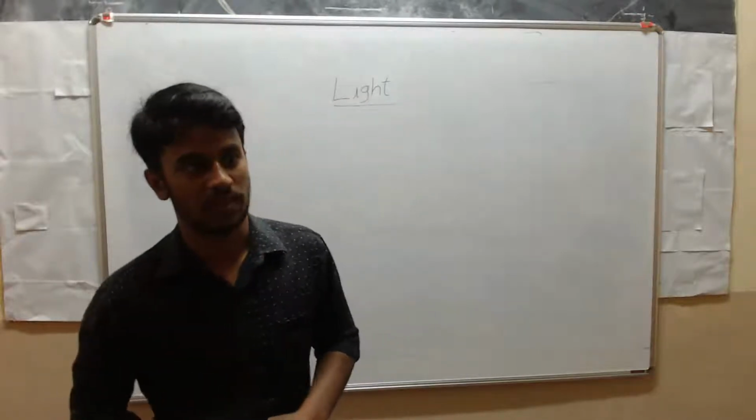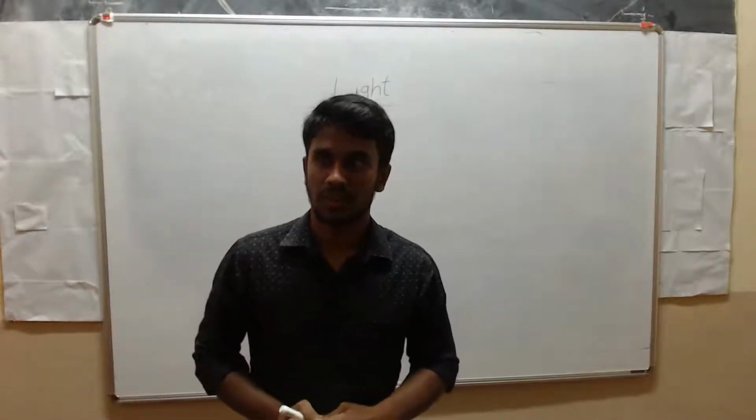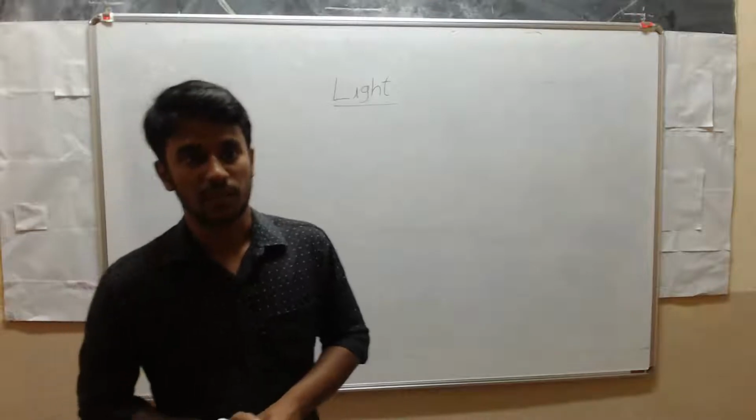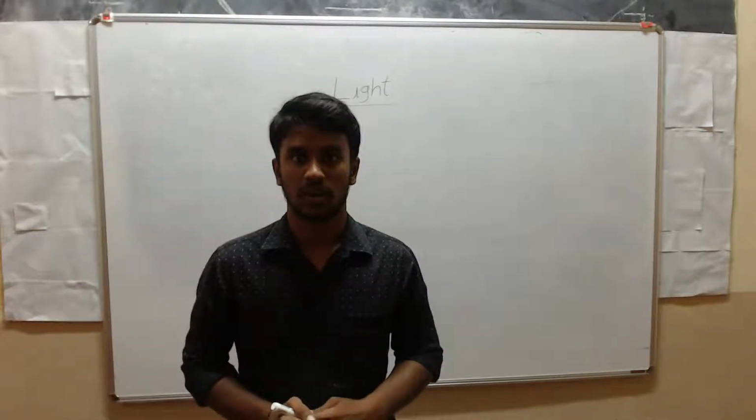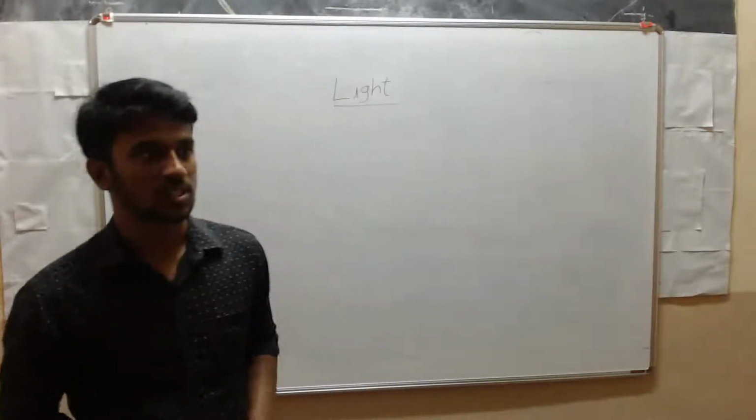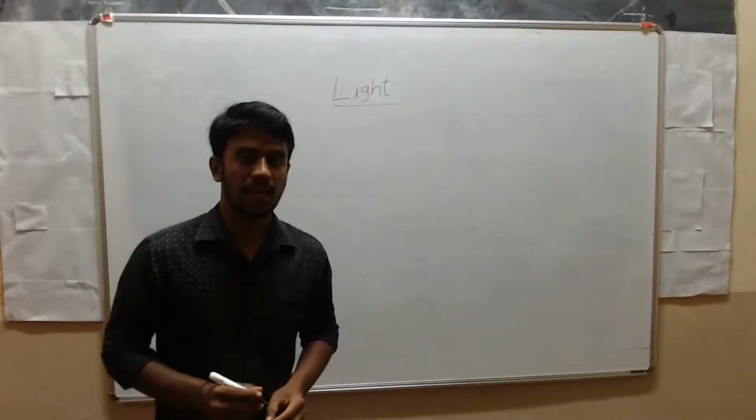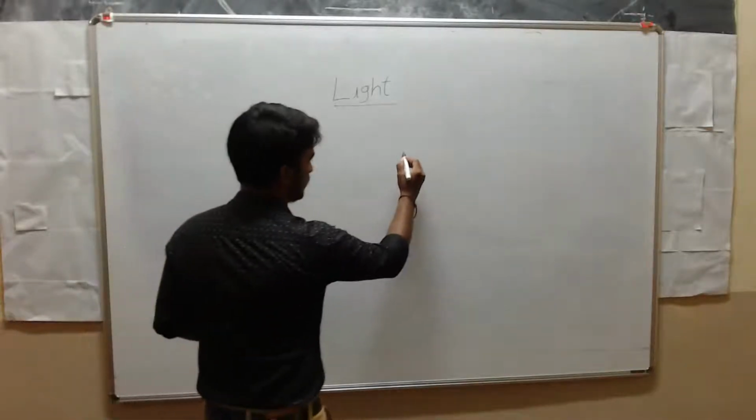Just recall what we had studied in the previous section. In the previous section, we studied image formation by a concave mirror. First we placed the object at infinite distance.